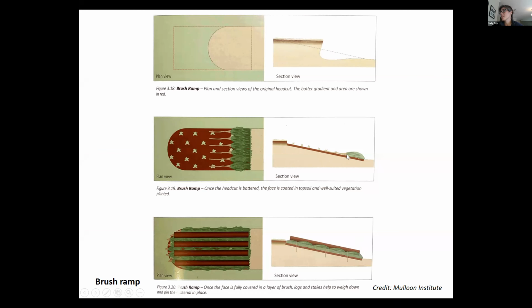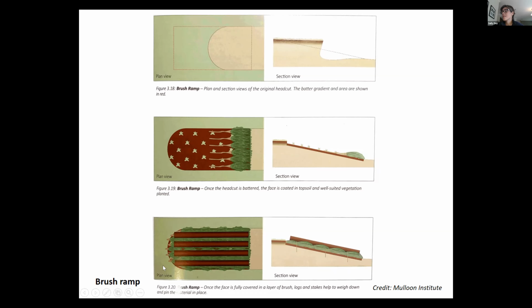And what you can do is just layer those over the site, working in an upstream direction. And then you can use logs or you can use anything heavy that holds that in place.